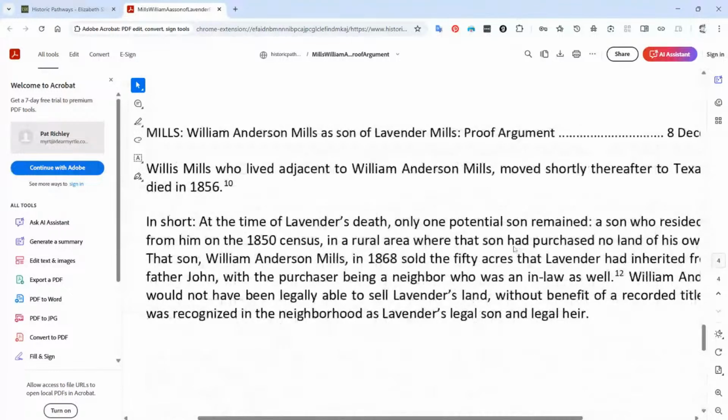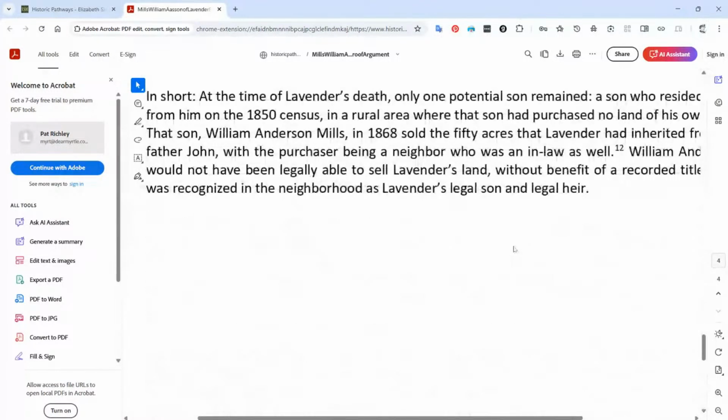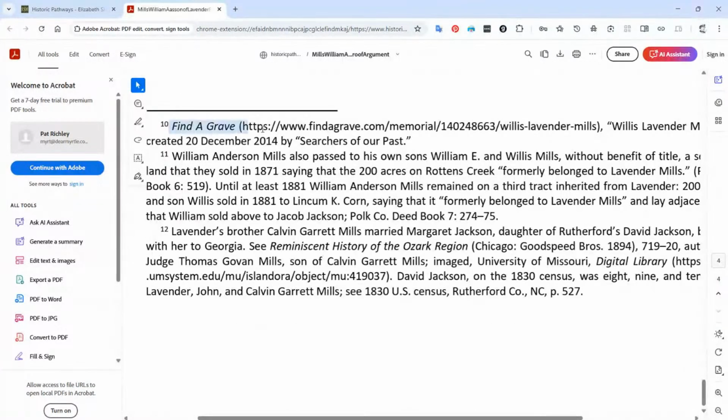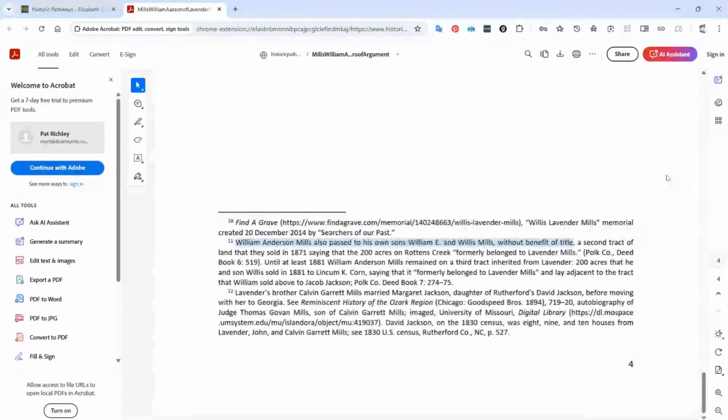And that may help make it more concise. Right. Like there's a Find a Grave entry. And then here is an interesting footnote that isn't just a citation. Let me zoom out a little, where it says, left without benefit of title a second tract of land which they sold, etc. And then there's the citation of it being in Polk County Deed Book 7, pages 272 through 274 through 75.